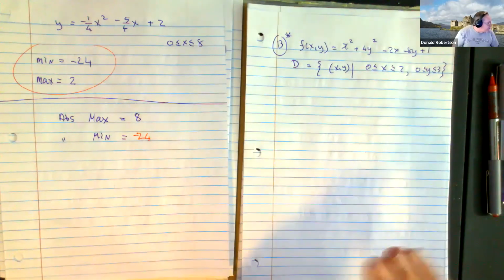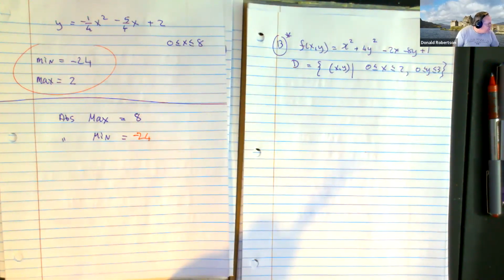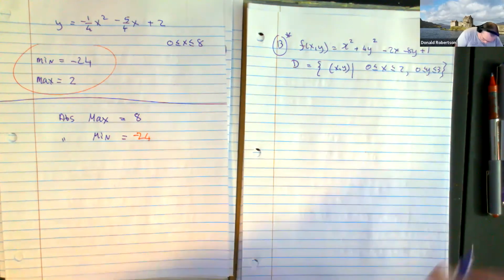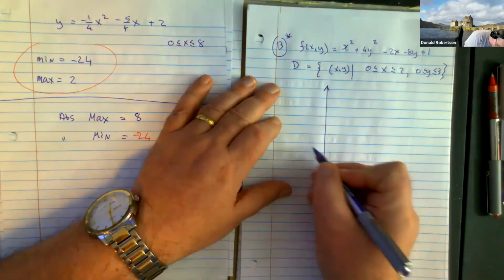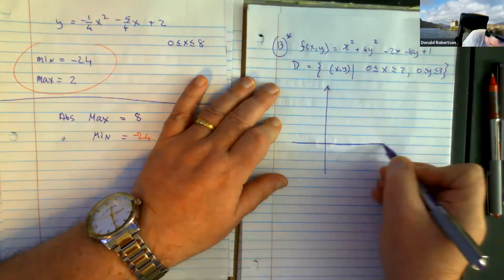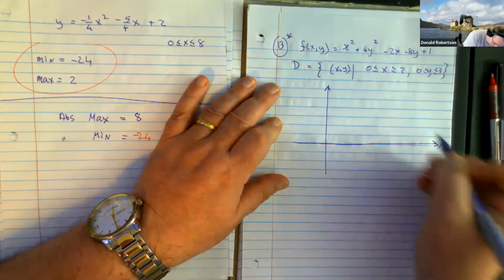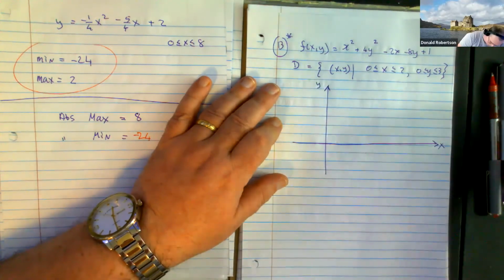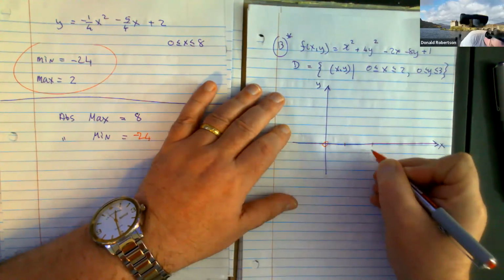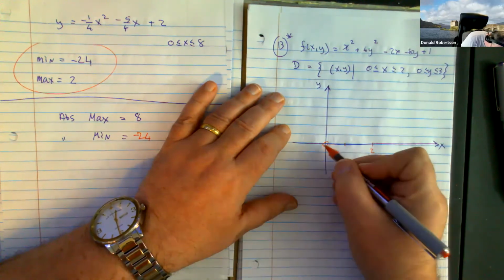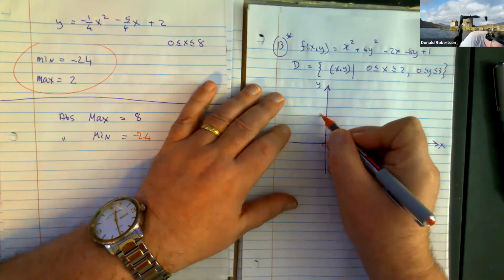All right. Here's x, here's y. X is going to go from 0 to 2, and y is going to go from 0 to 3.